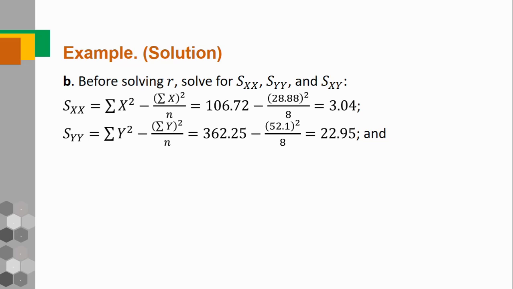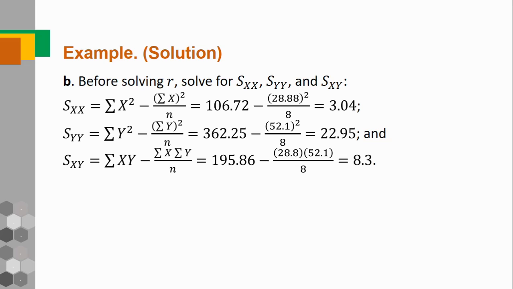And using your calculator, that is equal to 22.95. And lastly, S sub xy is equal to this formula, the summation of x times y minus the summation of x times the summation of y over n, and that is equal to 195.86 minus 28.8 times 52.1 over 8, and that is equal to 8.3.